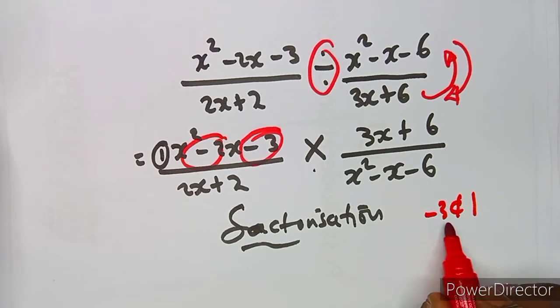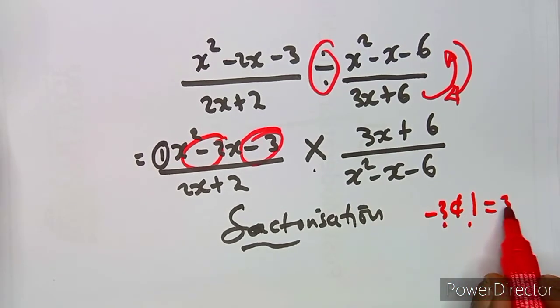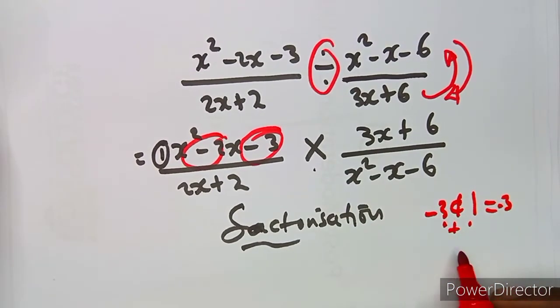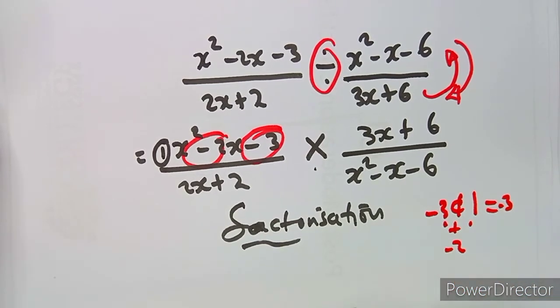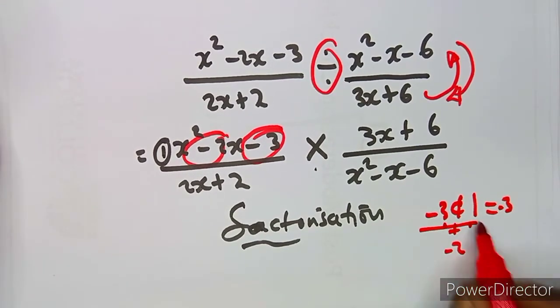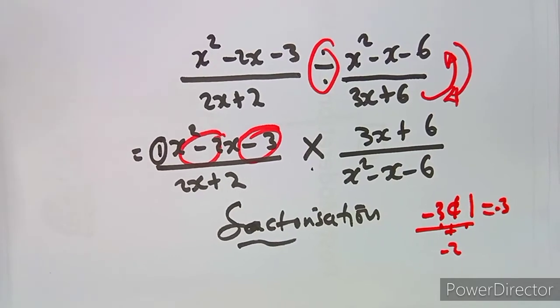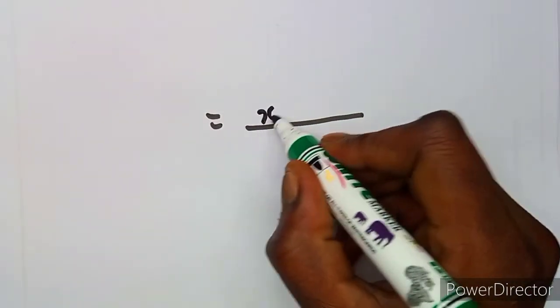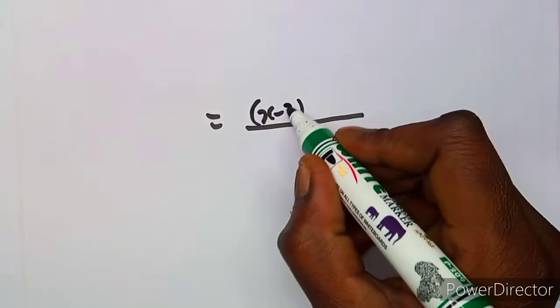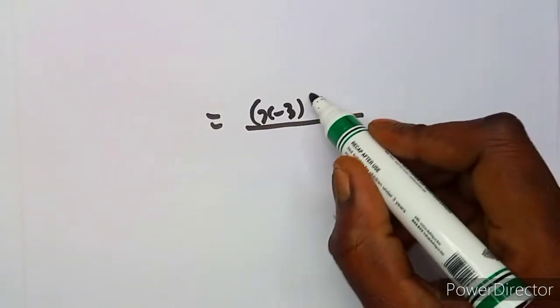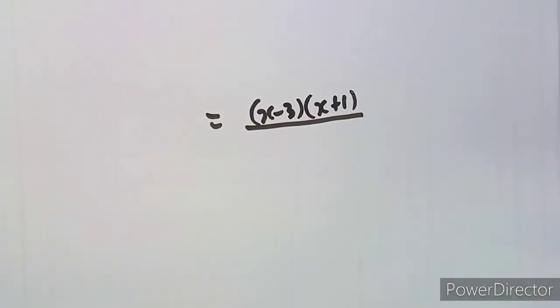If I multiply these two numbers, I get -3. If I add these two numbers, I get -2. -3 plus 1, that's -2. So the numbers are -3 and +1. So this is going to give us x minus 3 and x plus 1. Remember, guys, the issue of factorization.